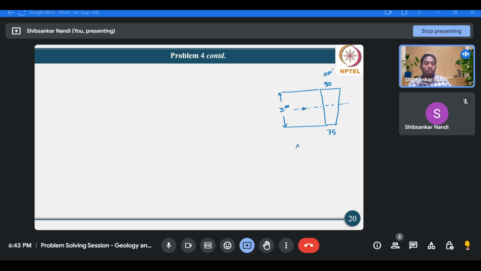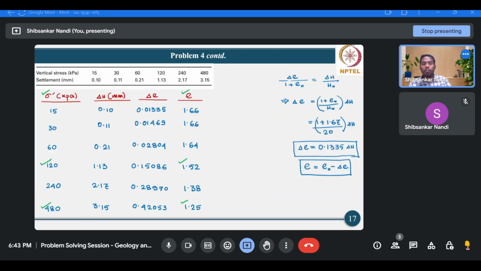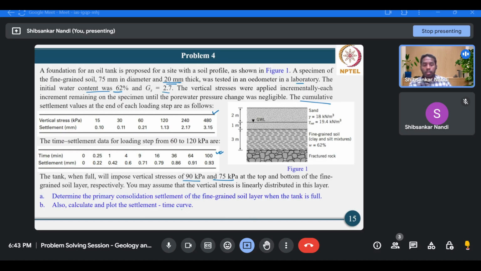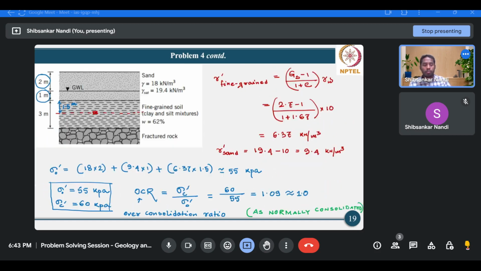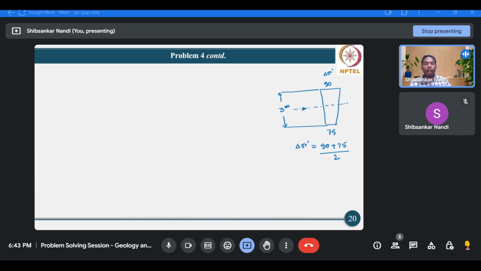So delta sigma prime would be (90 plus 75) divided by 2, and this is possible only for linear variation. It's mentioned in the problem that you may assume the vertical stress variation as linearly distributed in the layer. So we can take an average of these two values at the top and bottom to calculate the delta sigma prime value at the middle of the layer.